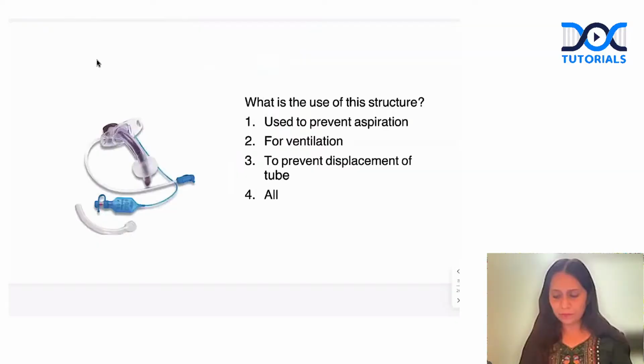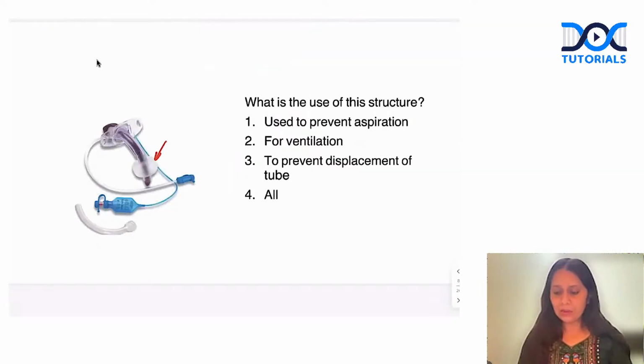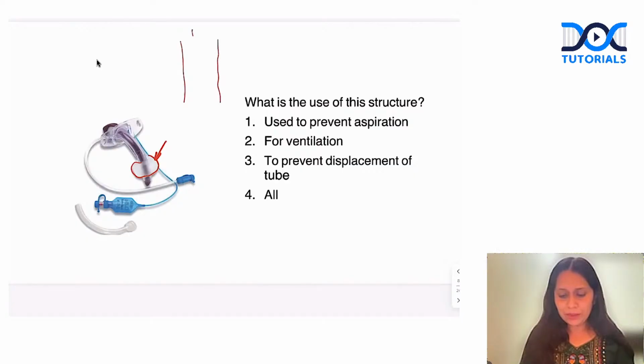Okay, next question. There was an arrow on a structure, and they asked what is the use of this structure in this device. We always talk about the endotracheal tube and the tracheostomy tube, and I told you about this cuff. This cuff has two major uses.